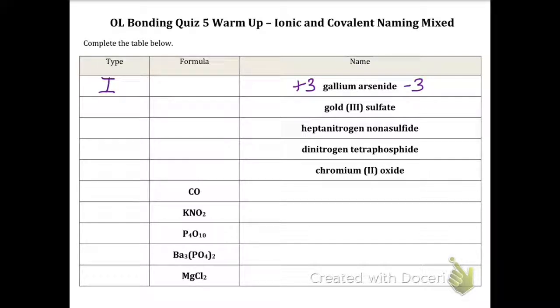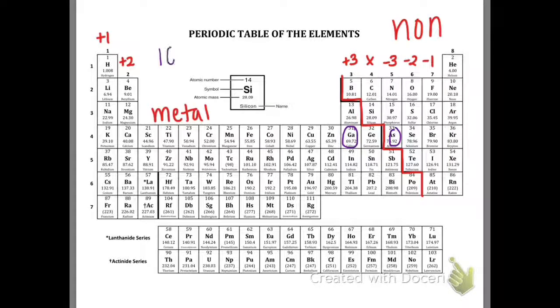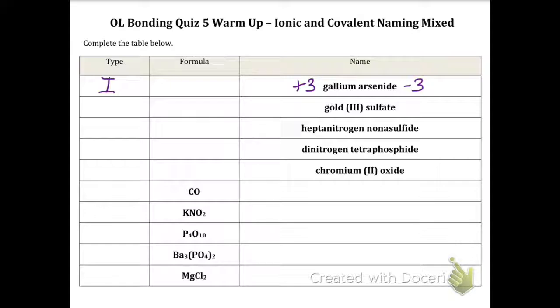Ionic bonds are all about canceling out charges, right? So remember, ionic have ions, which are cations and anions that you're always trying to make neutral. So if you have 3 pluses and 3 minuses, how many of each do you need to cancel out the charges? Well, we only need 1 of each. So we write it like that, 1 of each.